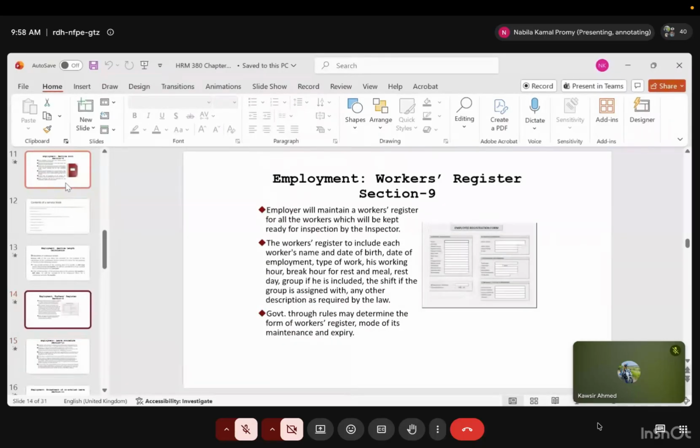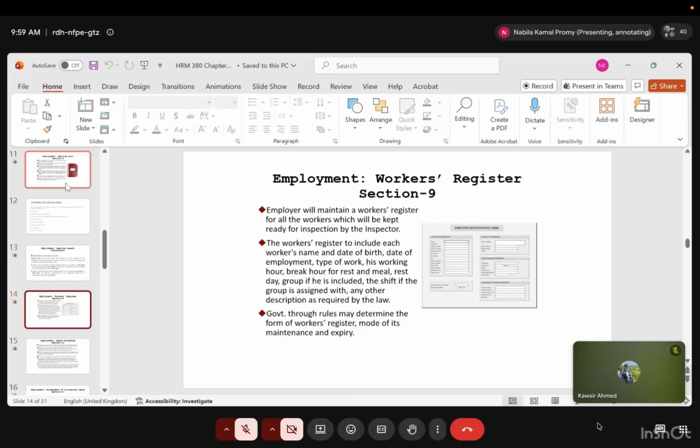I think we stopped here, at the workers' registered book. According to Bangladesh labor law, every organization needs to maintain a registered book where they will include employees' day-to-day activities, for instance, his or her job starting time, clock on and clock off time, and so on.